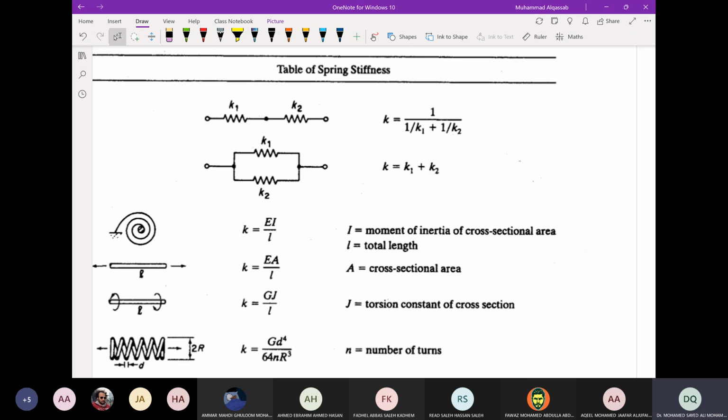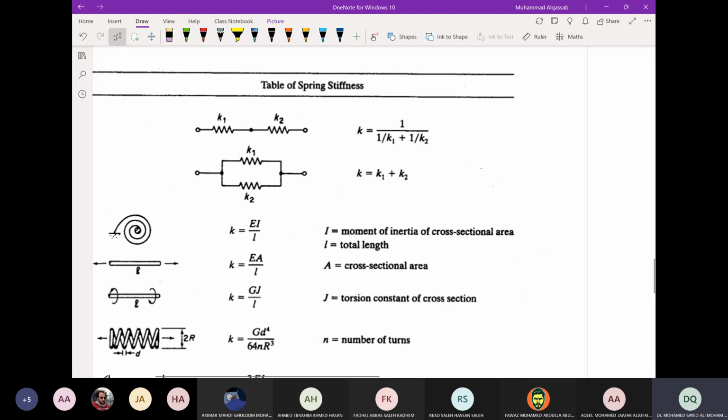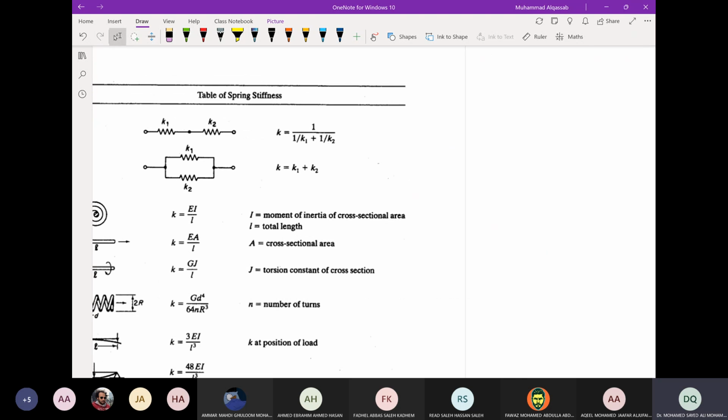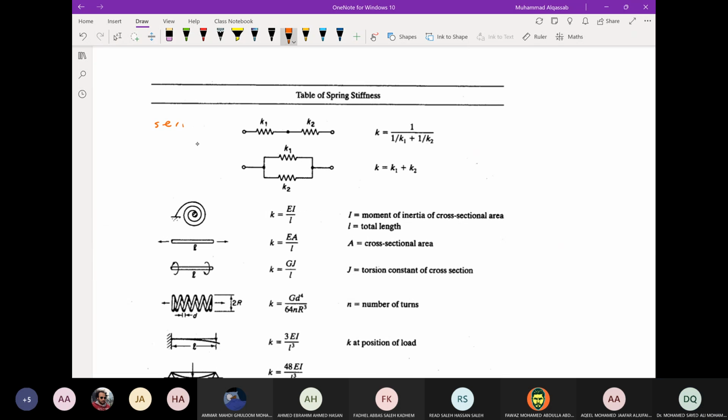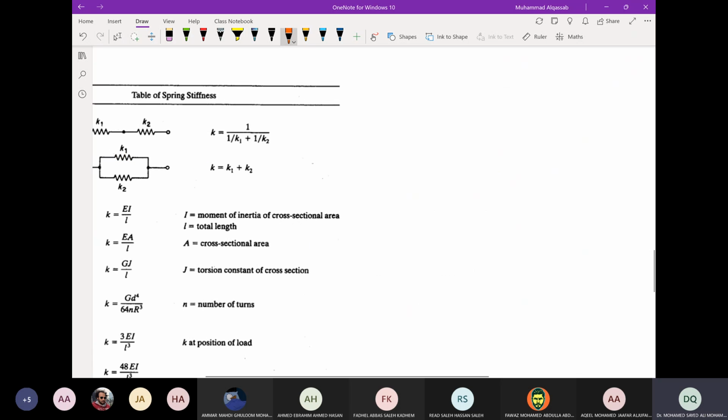It is about spring stiffness. We have here two springs, we call them in series, and those we call them parallel. Now, in series, it means that you have a system, let's say with the stiffness K1 and then another spring with the stiffness K2, and then the mass.